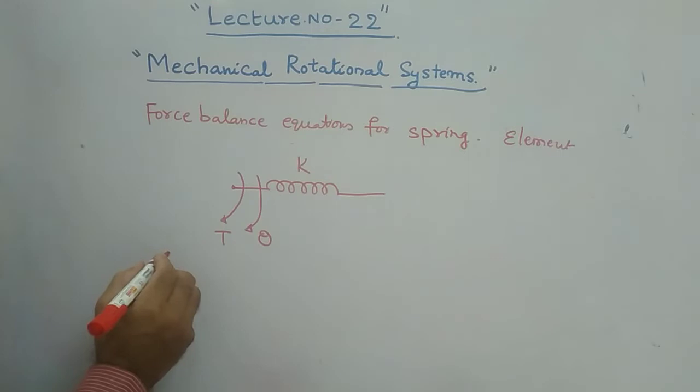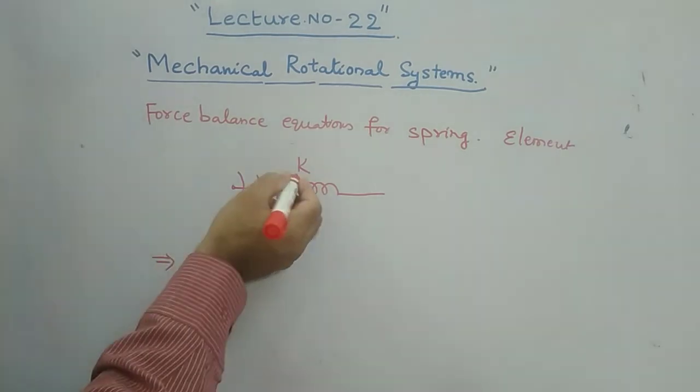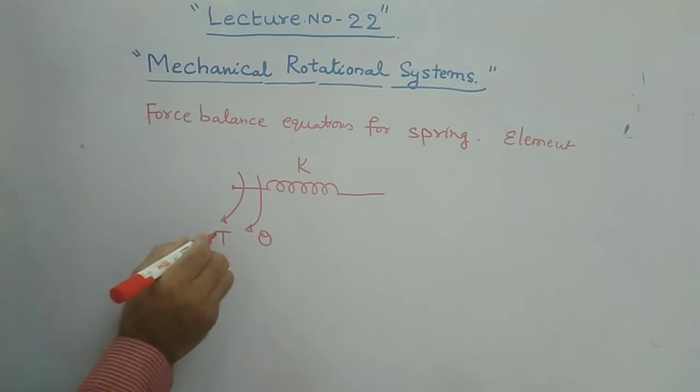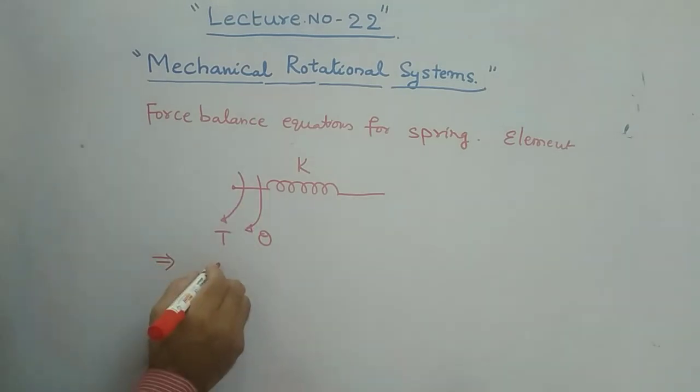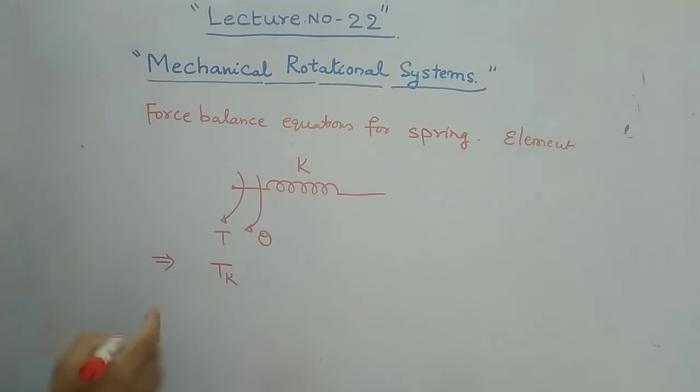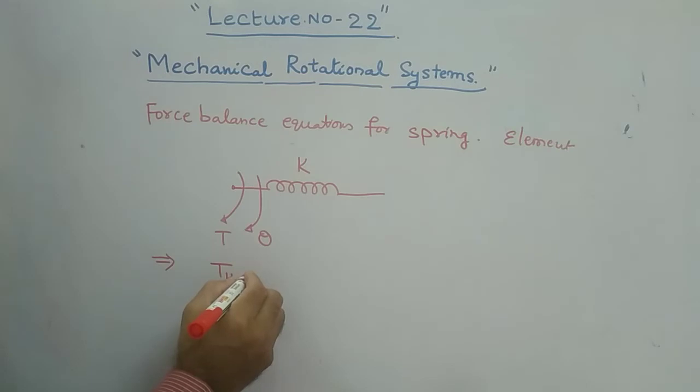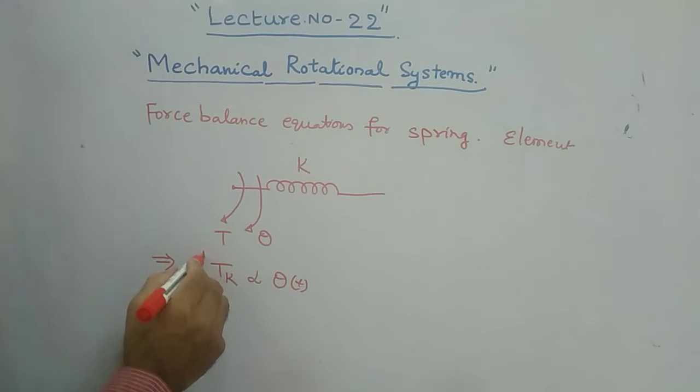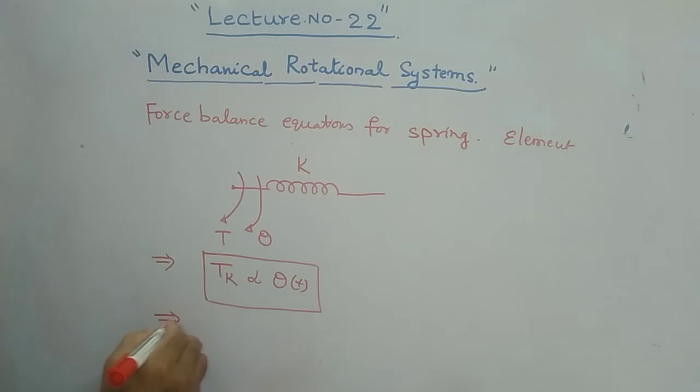The opposing torque provided by the spring element, T suffix k, is proportional to theta of t, the displacement. If you remove the proportionality, T_k is equal to k into theta of t.